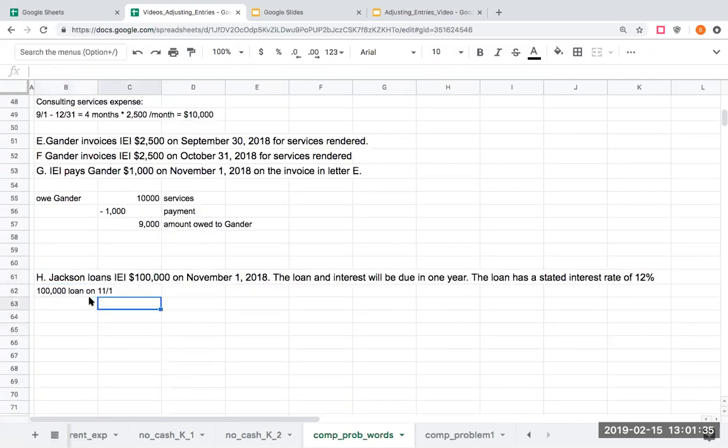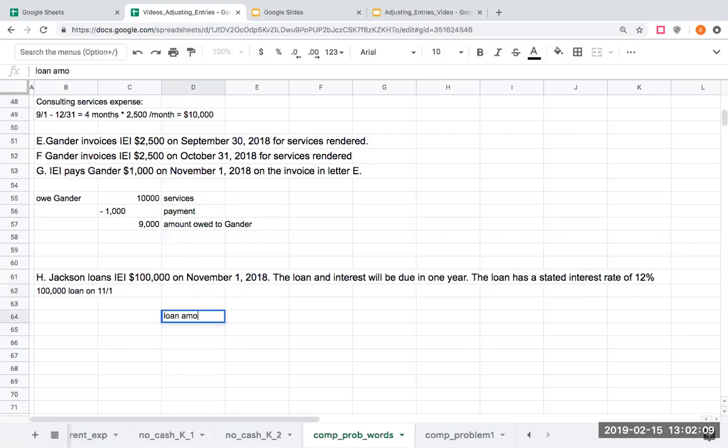So when I borrow money, and if you notice, all of our previous examples for the last segment were all on December 31st, but now this is November 1st. When I borrow money, I have to pay interest. And so the way we're going to do this is we're going to calculate interest expense for the period of time that we borrow the money. But first, we need to figure out what was the amount of interest for a year. Whenever you see an interest rate in my problems, it is an annual rate of interest.